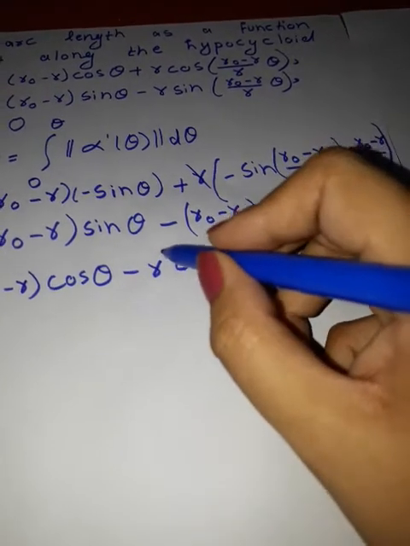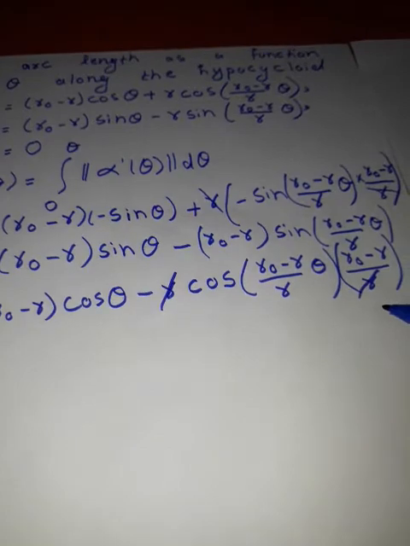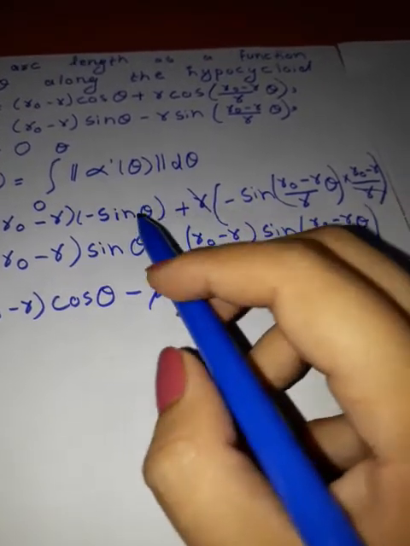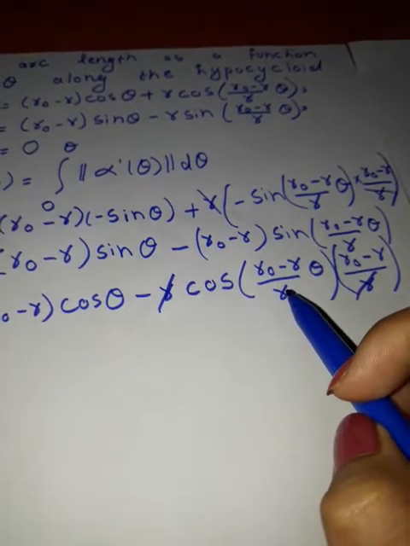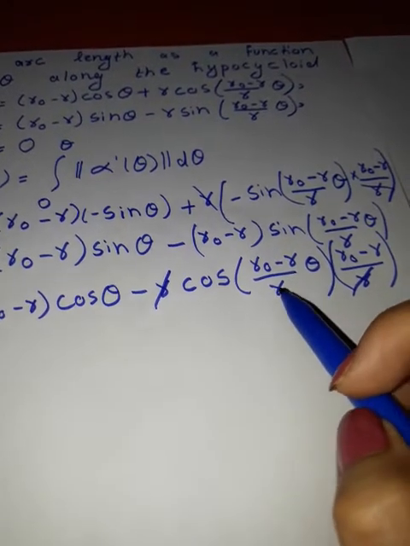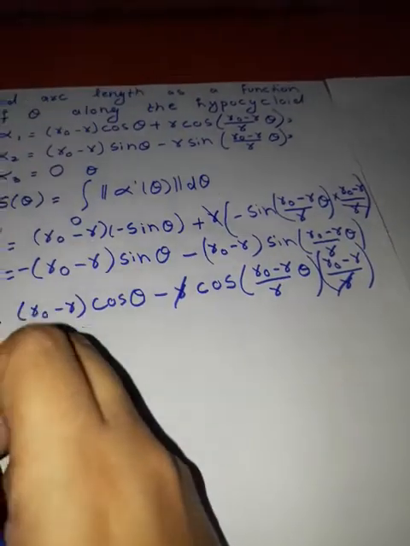Now again r with this r is cancelled. I cannot cancel this r with this r because here r is in the denominator of the angle of function cos.